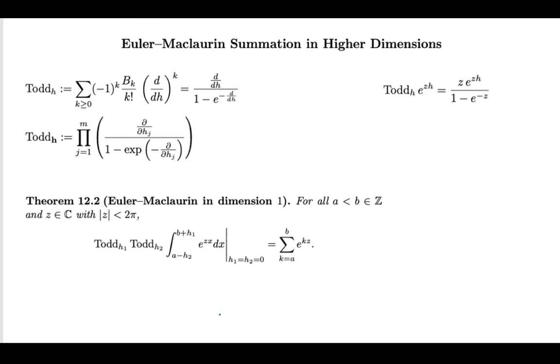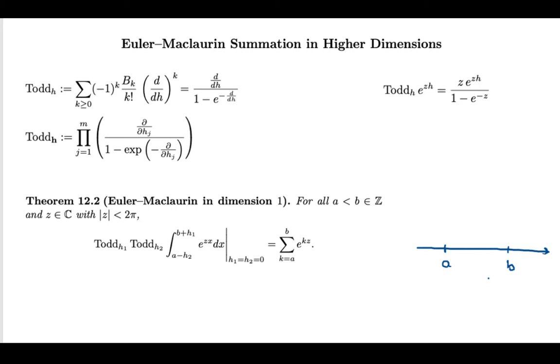We already remarked that this is a way of seeing the one-dimensional polytope, the interval from a to b, and the relation of its continuous integer point transform, namely this integral that you see on the left, to its discrete integer point transform that you see on the right.